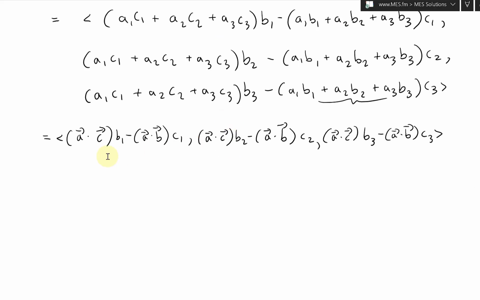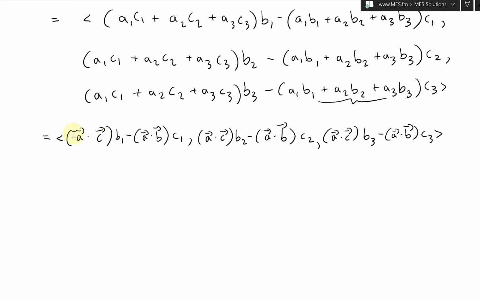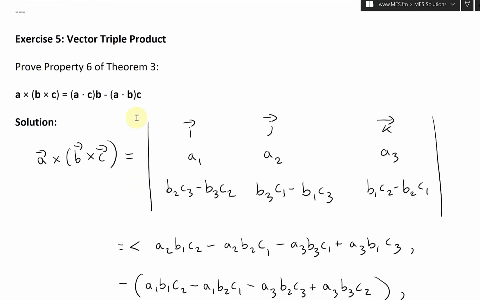Alright, so now that we have all this, let's put it all in compact form. This is again a dot product, just a scalar, and this is now all in vector form. In other words, the dot product is multiplying the B vector, and then subtracting this dot product times the C vector. So that's exactly this proof right there.